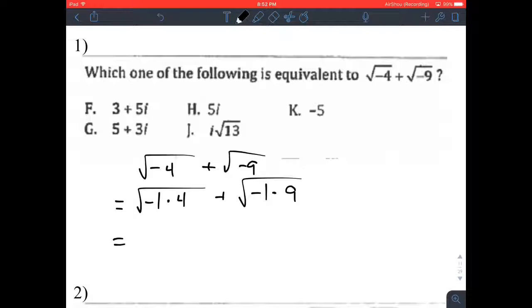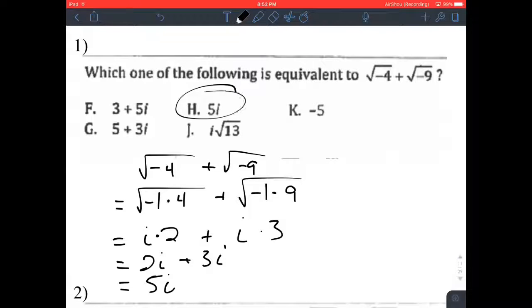The square root of negative 1, we just said, was i. Square root of 4, what number times itself is 4? That answer is 2. Square root of negative 1 over here again is i, and the square root of 9 is 3. So this is 2i plus 3i. It means you got 5 i's. So the answer is H.